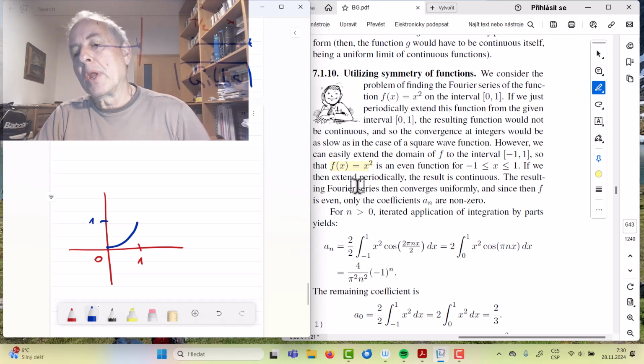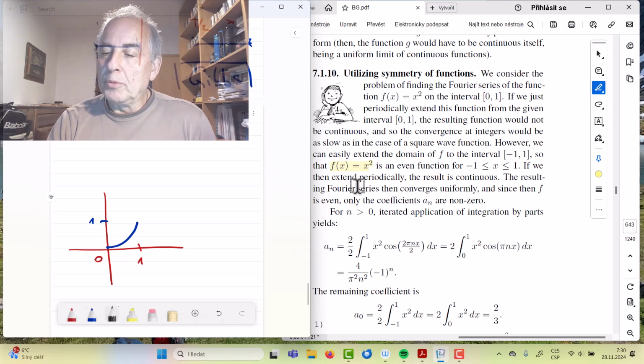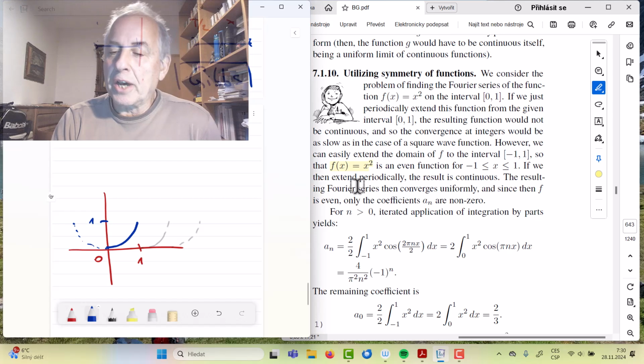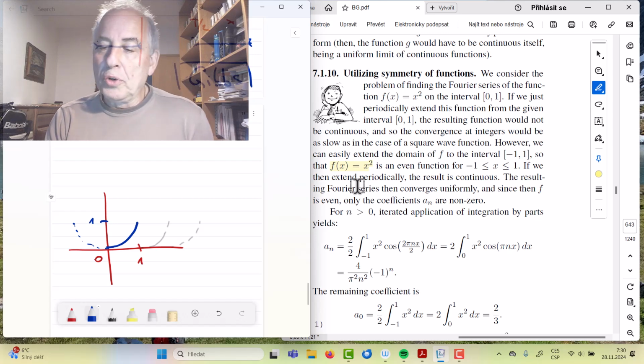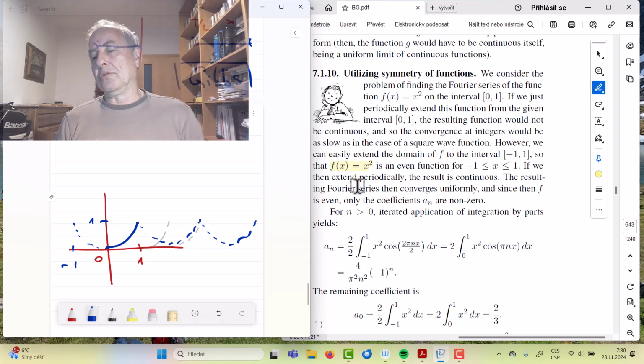So, if I take 0, 1 as the period, then what I would get would be just starting again this way and then again this way, and you see it would be jumping here. Whereas if I decide that I would rather do it on -1, 1, then what I get by extending periodically will be a continuous function.